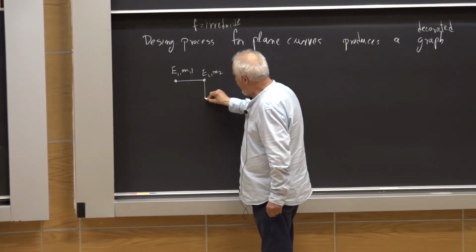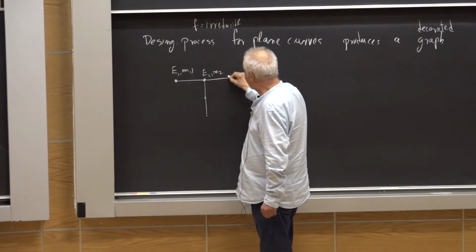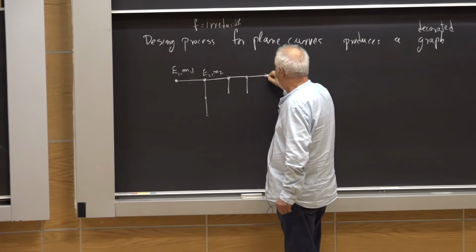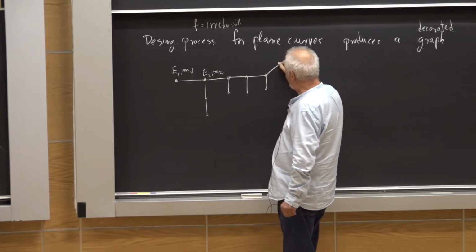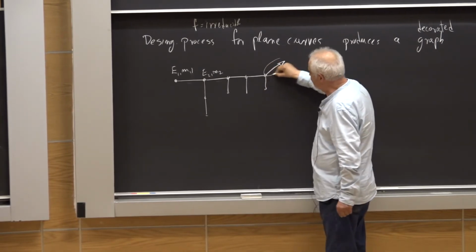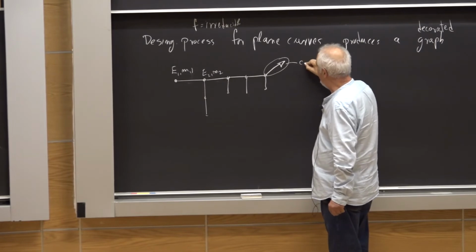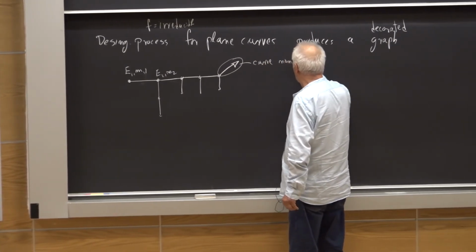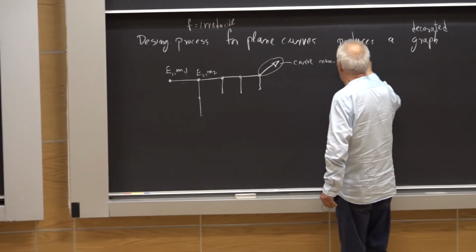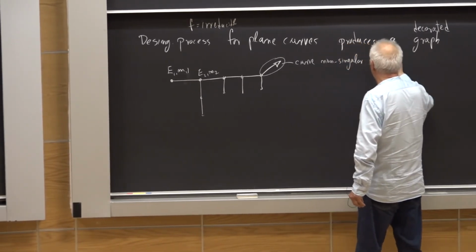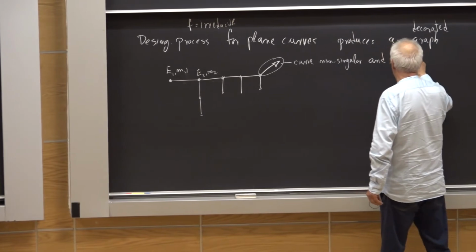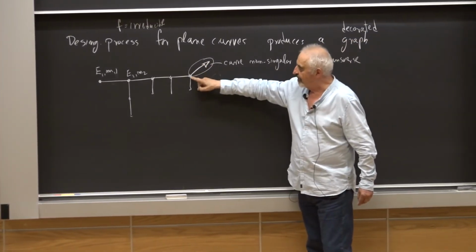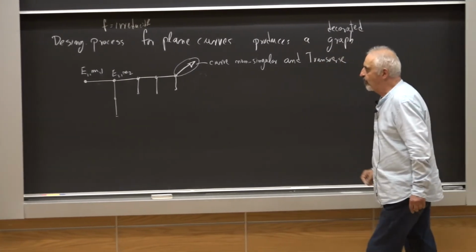And then the process produces a graph where I put an arrow. This is the curve when it is non-singular and transverse to the exceptional divisor where it's approaching.